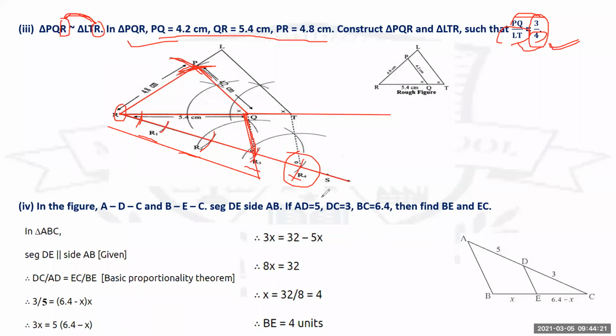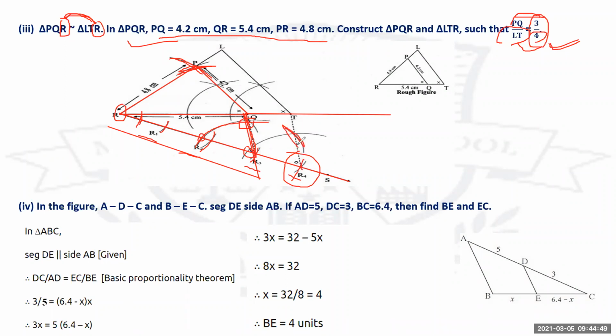So how will you take? You'll keep the tip at R3. You'll cut an arc across, in this way. Now from this point to the point on the arm of R3Q, that distance you'll take, keep the tip at this point and draw an arc.